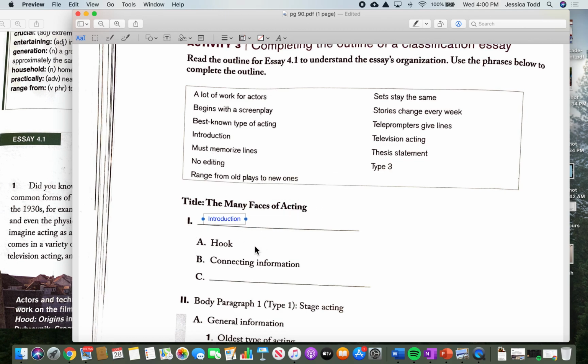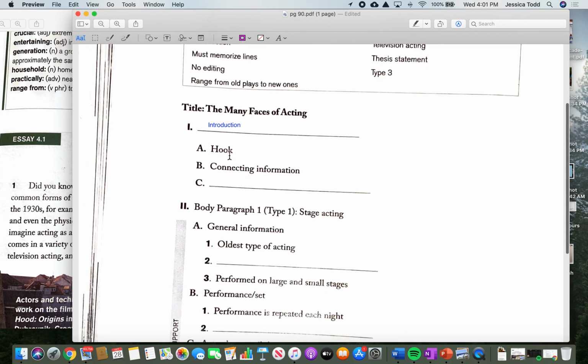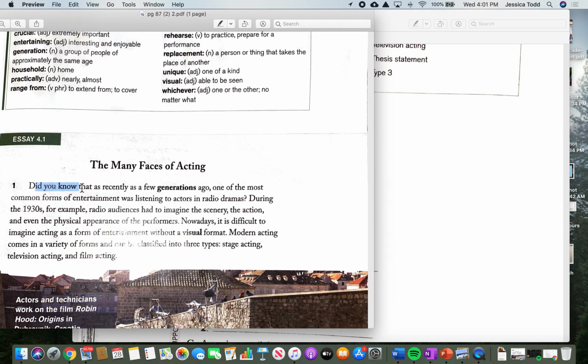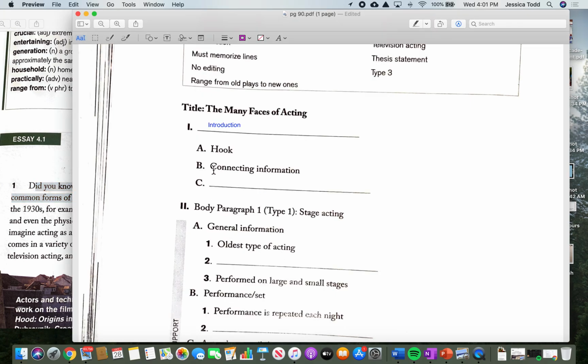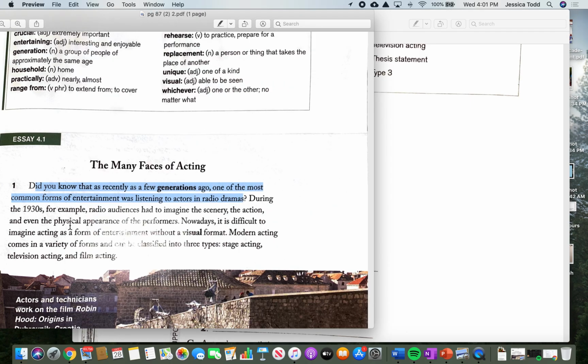So you can write this also in your outline. Number 1, introduction. And in our introduction, we know that we have a hook, right? We said that's this one. This is the hook. We also have the connecting information. Remember, that connects the hook and the thesis statement. So that starts here and it goes all the way to here.